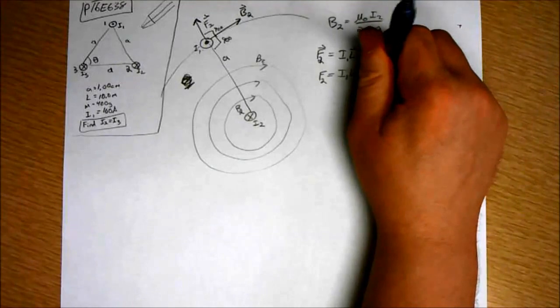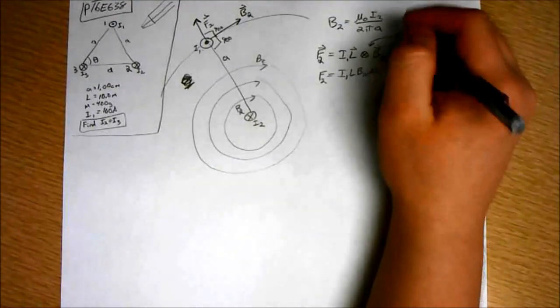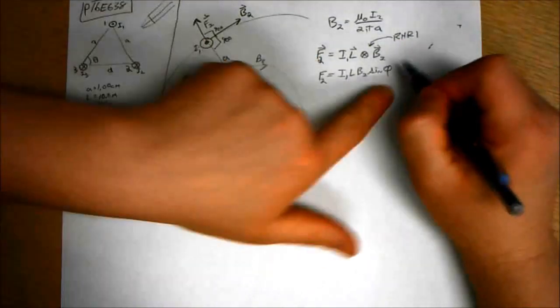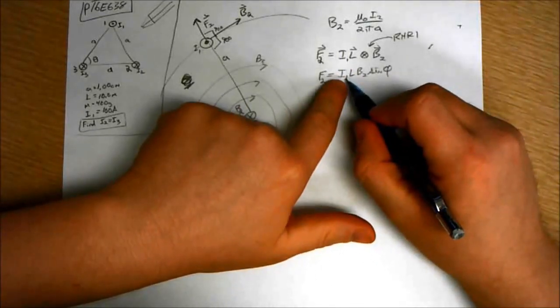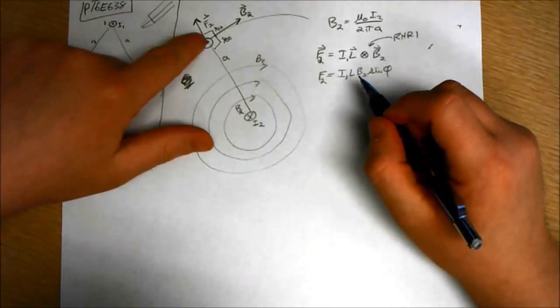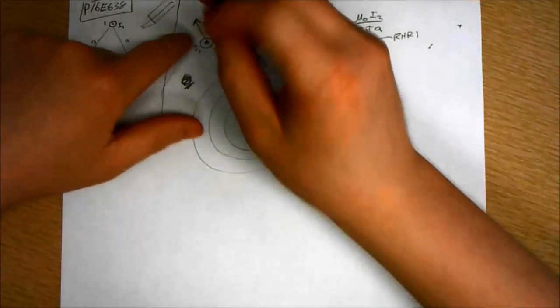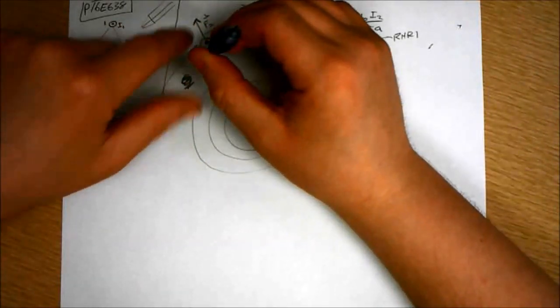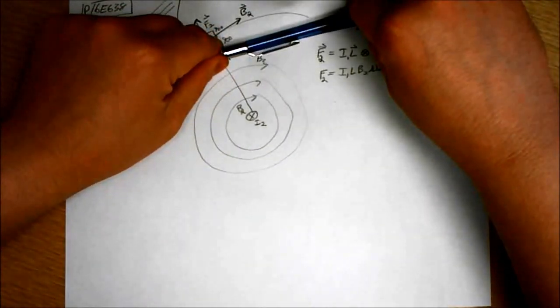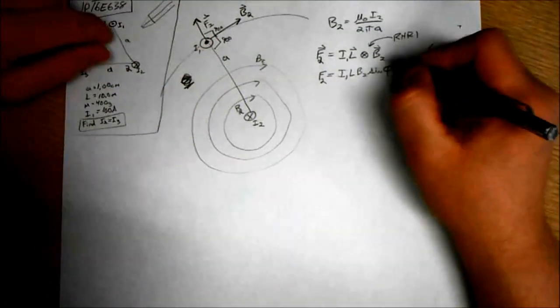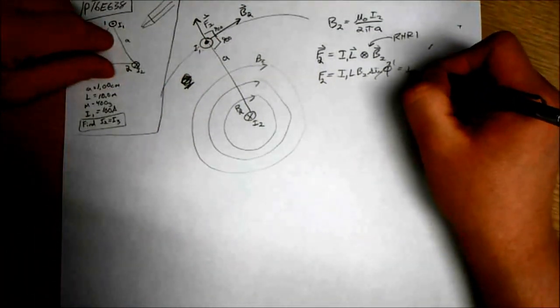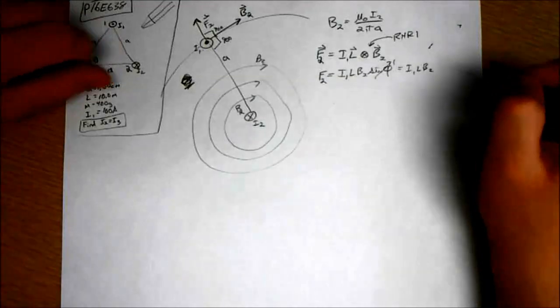I guess we're not using a phi anywhere in this problem, so I'll just say sine of phi, where phi is the angle between I1L and B. That's 90 degrees, right? Because the current is coming up out of the page and the magnetic field is tangential to the circle. So that's just 1, and this is I1L B2.